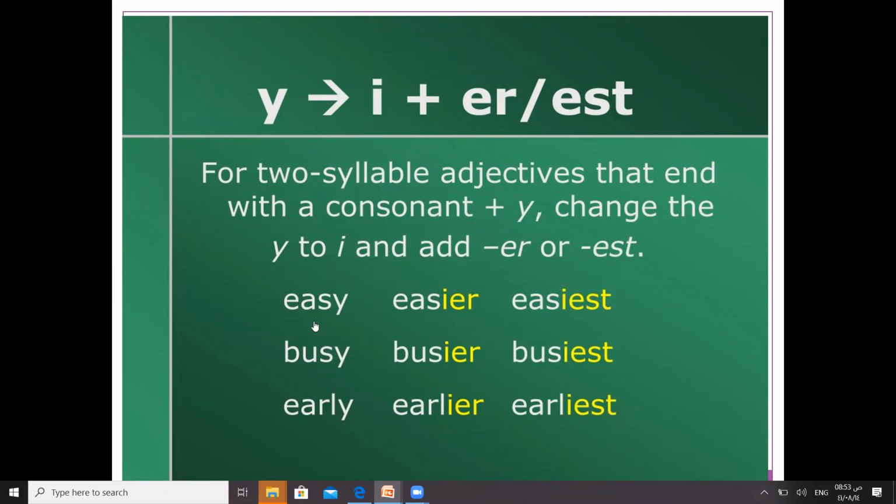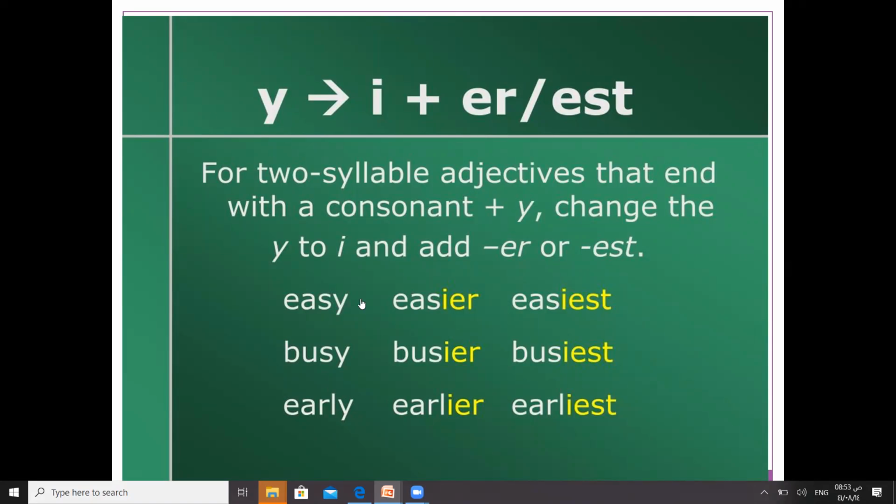Look, easy: two syllables, and I have here consonant, then Y. If I want to make easy comparative or superlative by adding ER or EST, what shall I do?